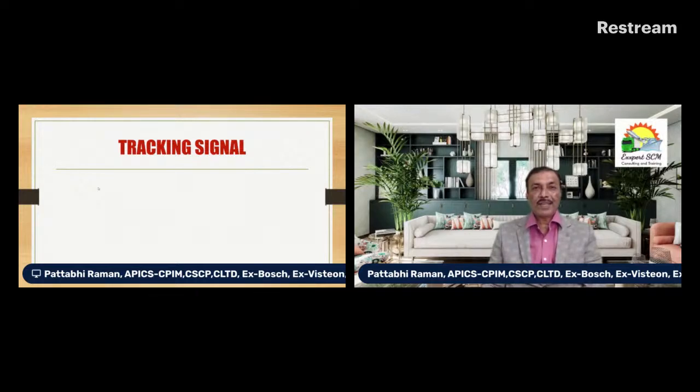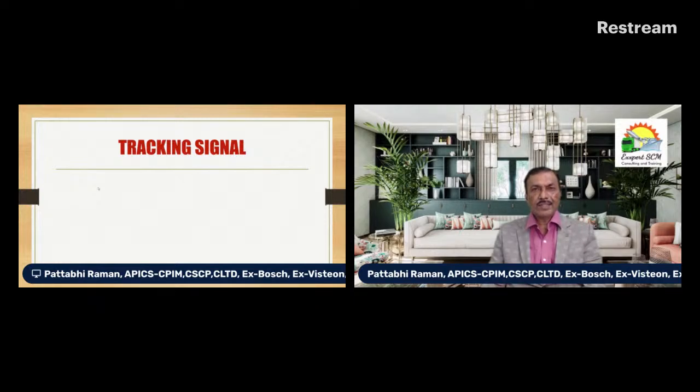What is tracking signal? Tracking signal is widely used by organizations to keep a tab on what is happening with the forecast. Normally, we are going to have a boundary for using the tracking signal.